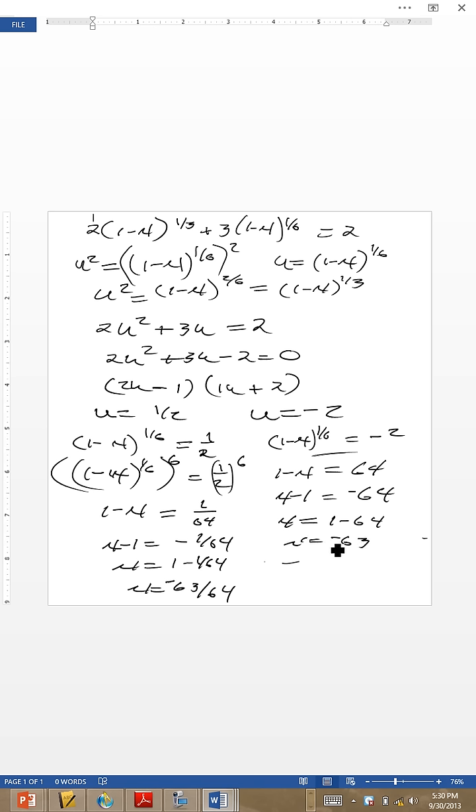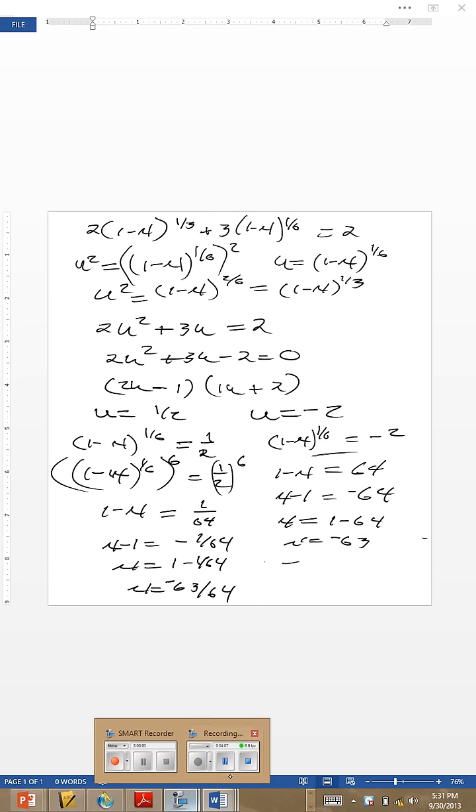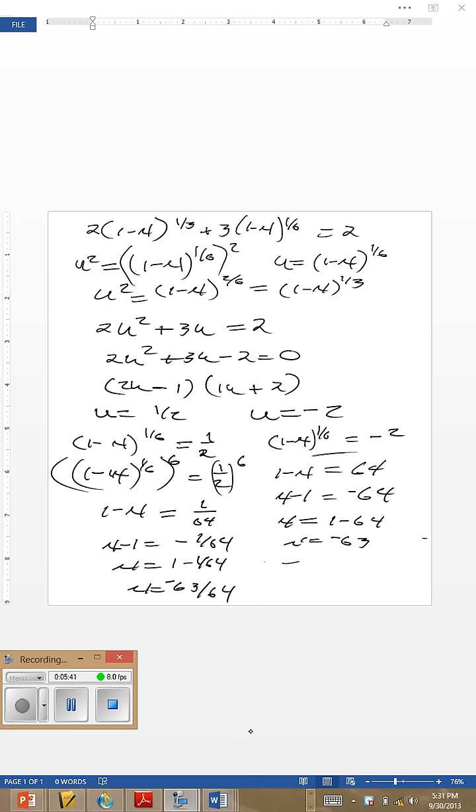So at first I was suspicious of it, but now look what happens when I throw that value in. I've got 2 times, and the negative 63 would go in, so it'd be 1 minus the negative 63 up here.